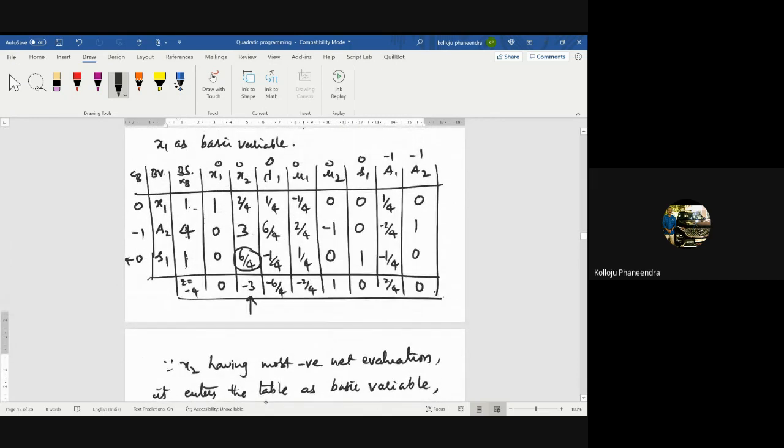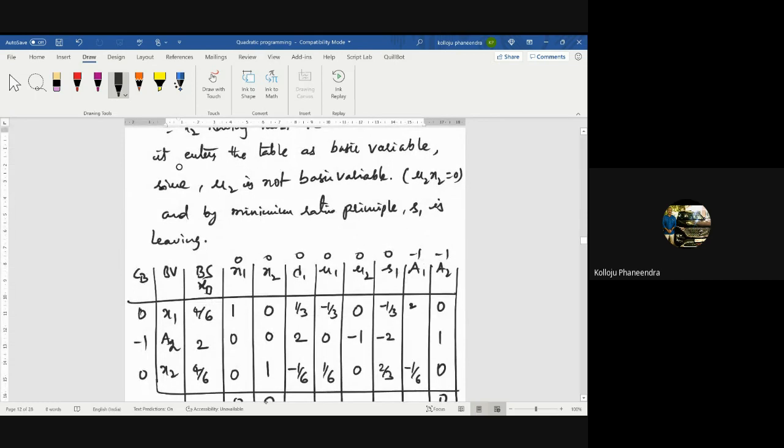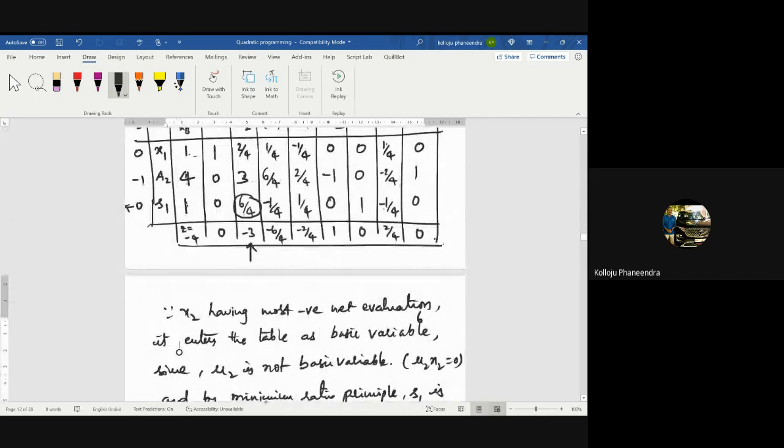This is 6, 6 plus 2, 8. 8 by 4 into 4, and 2 by 4, 2 by 6. This is 2 by 6. And a1 next position, this position, minus 12. Anyway, no need to calculate this one. Okay, this is minus 12.